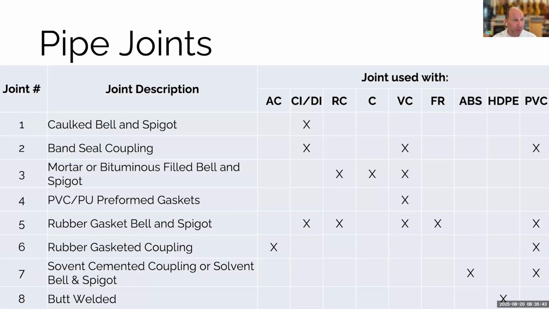I've put together a little table for you of the different kinds of joints that are used for different kinds of pipes. So we've got asbestos cement or metallic pipes, reinforced and non-reinforced concrete, vitreous clay, fiberglass reinforced, ABS, HDPE, and PVC. And you can see the most common option is a rubber gasket, bell, and spigot.